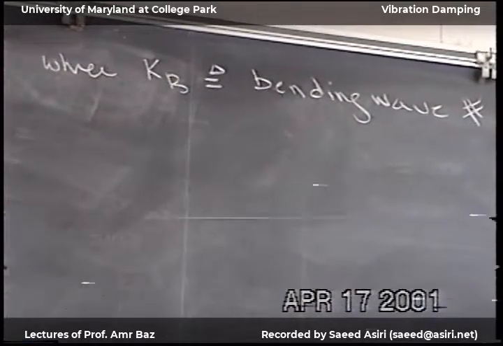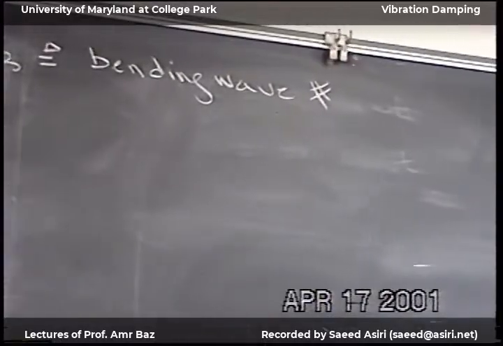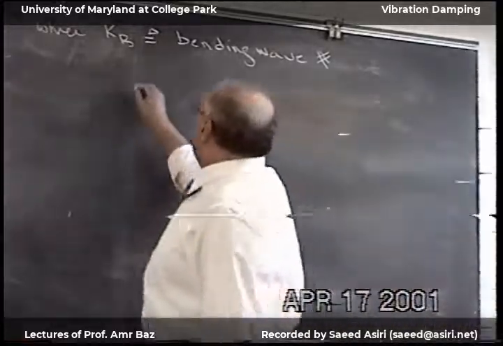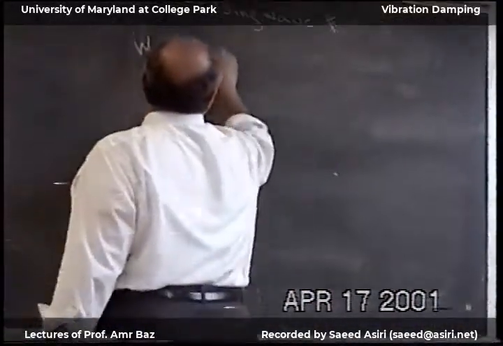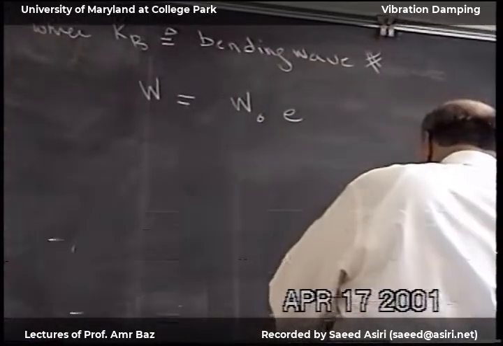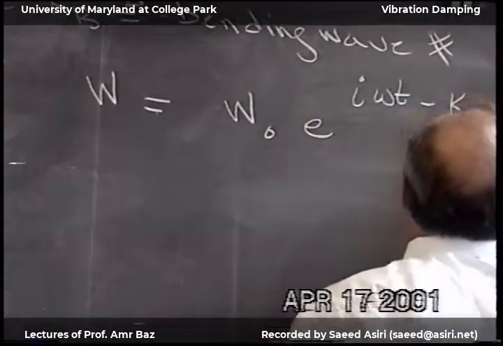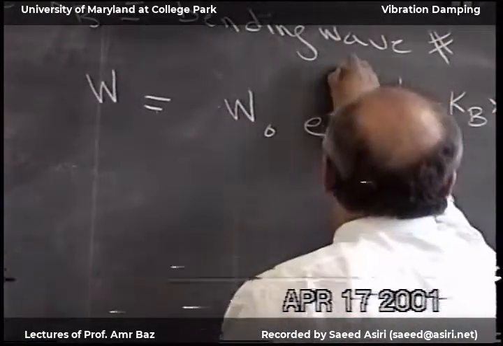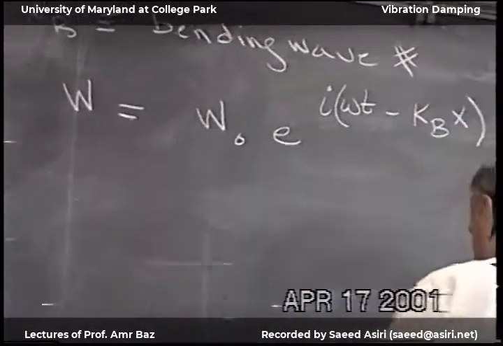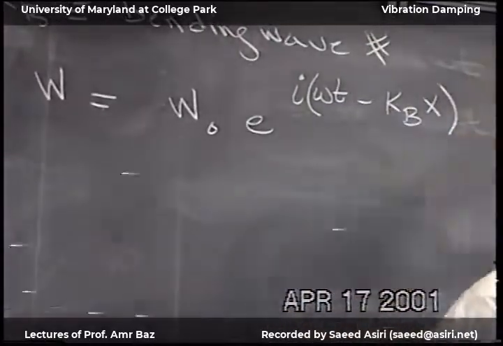Now this problem has four solutions: 2 propagating and 2 decaying. The propagating, one of them will be like this. W will equal to W0 e to the, I'm going to select one of them that has the following, I omega t minus k b x. Okay? That's one of the propagating solutions.